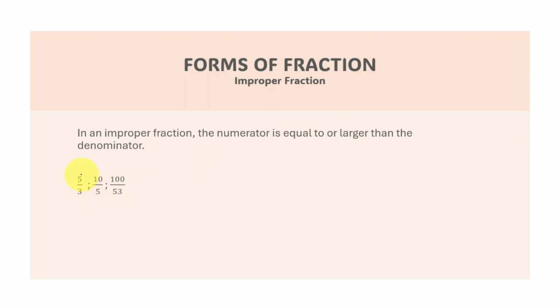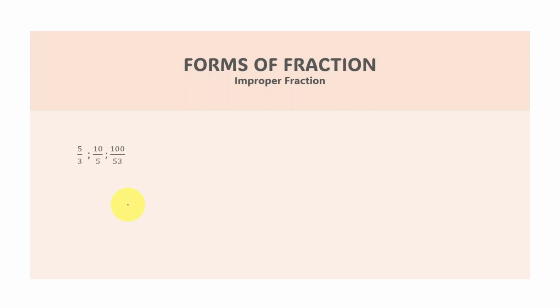The top is larger, the bottom small. So this one is a proper fraction, and that's how they look. But in the improper fraction, the top one is bigger. The top we call in French numérateur, and the bottom one dénominateur.